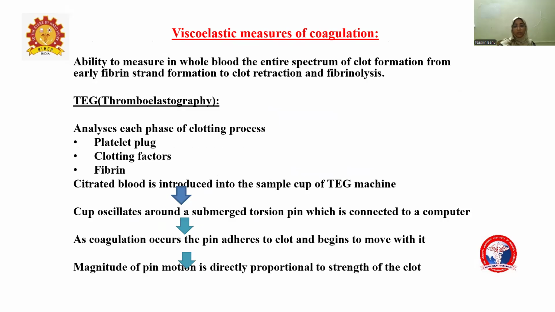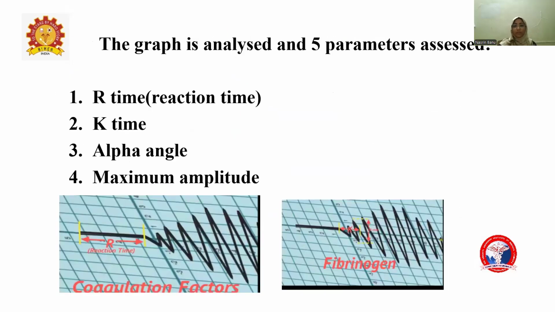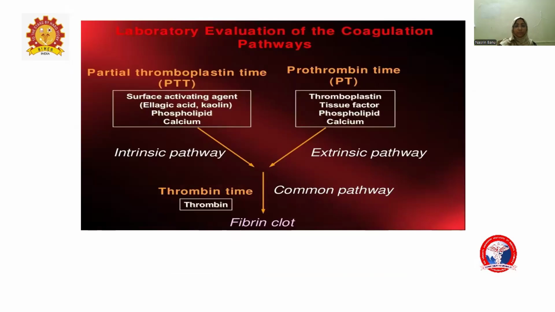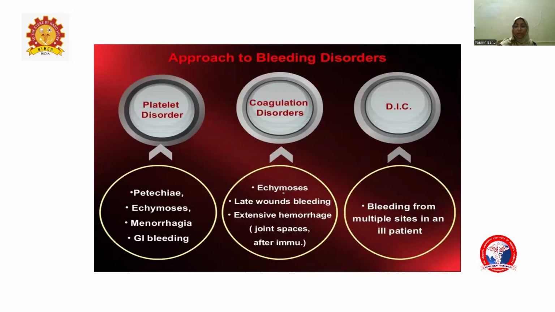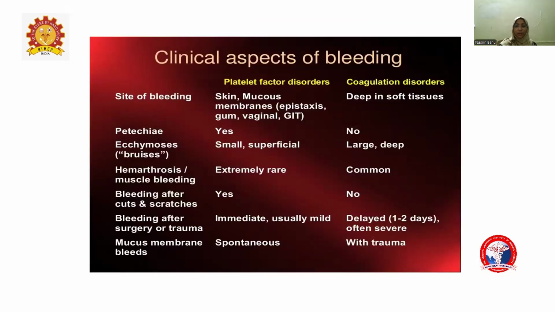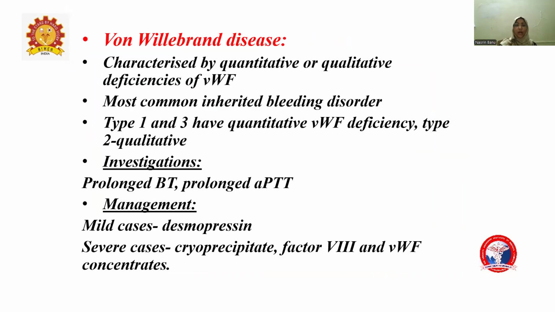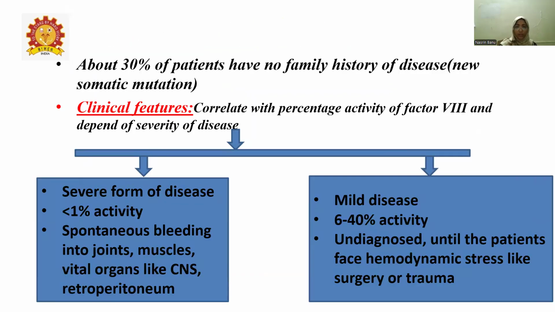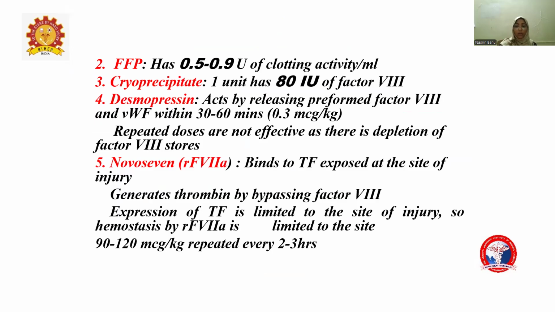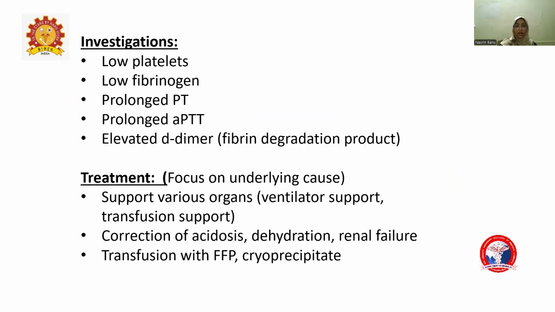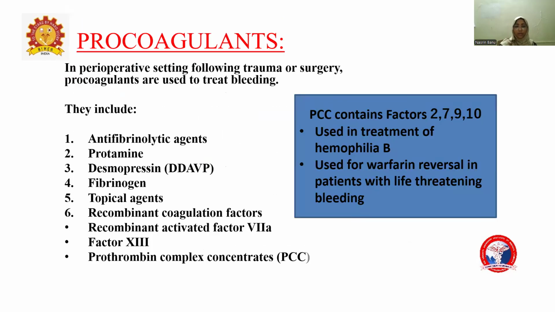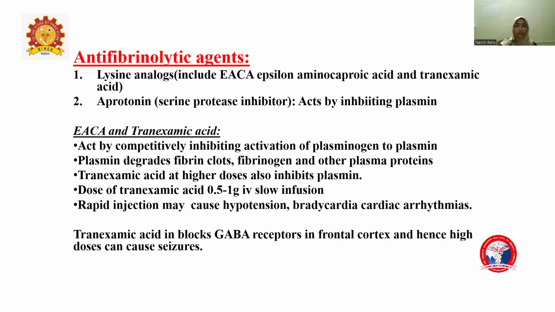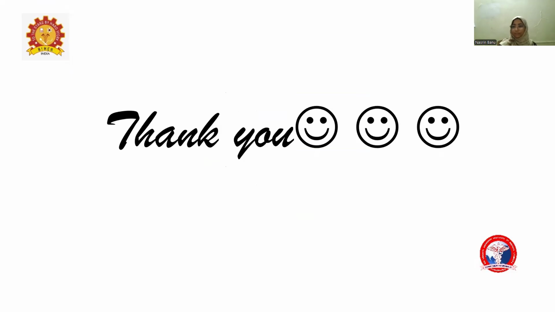Other things, ROTEM and Sonoclot, function in the same manner. Then we have seen the bleeding disorders, how to approach them, the clinical features, the investigations to be done, and the treatment of all the bleeding disorders. And finally we saw the procoagulants, and that brings us to the end of the session.